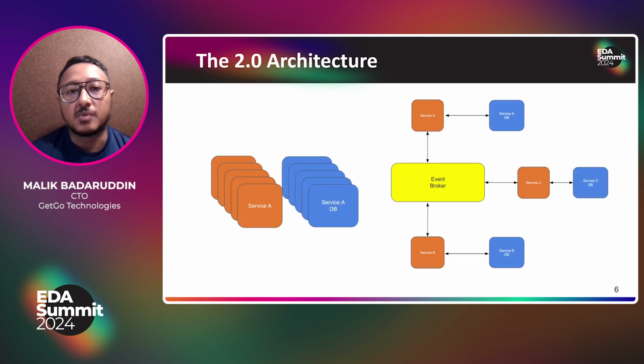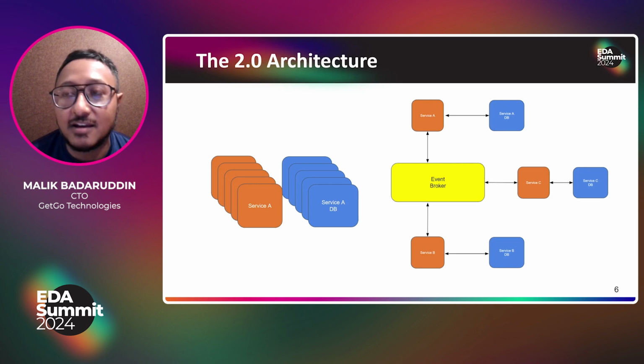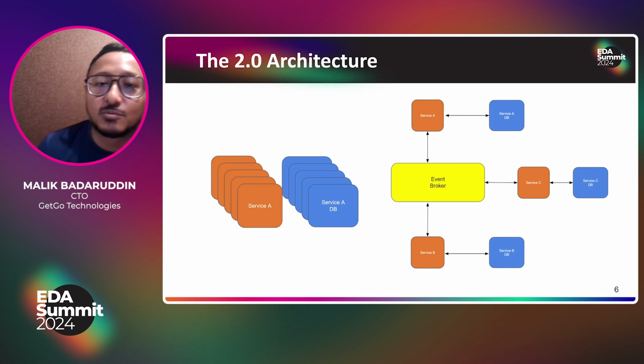So this is what I would say our 2.0 architecture looks like. Back then, a year in, I was researching what could help with scaling our business. On the architecture side, we were looking at how to segregate our domains into services that are a little bit more specialized. This is a simplistic structure of what it looks like.